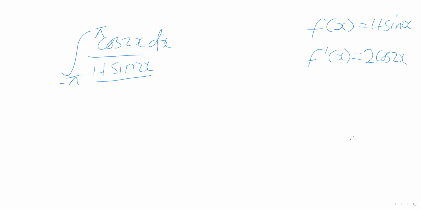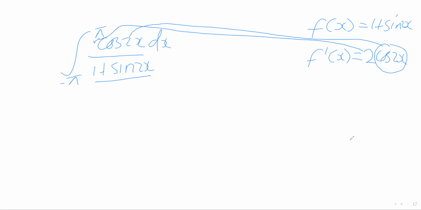Now, you see that this is here, but the 2 is not there. The 2 is missing. So the only way is we are thinking there was a 2 in front here that canceled with that for it to remain without a 2 here. That's how we think.